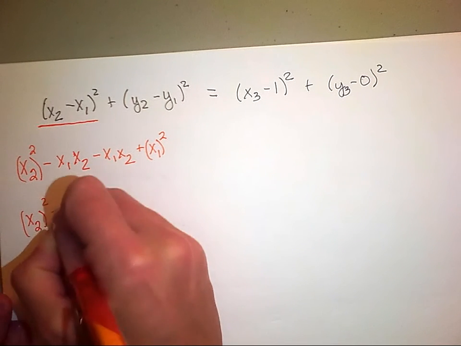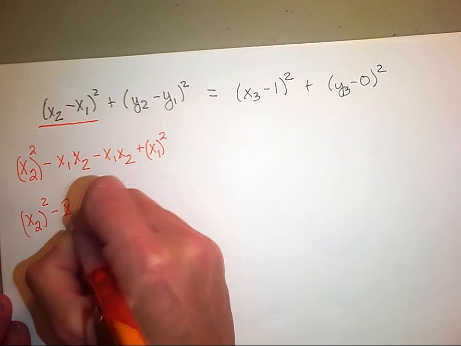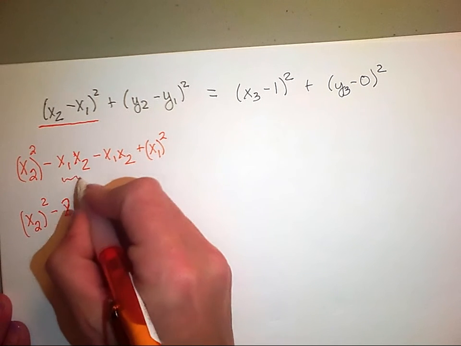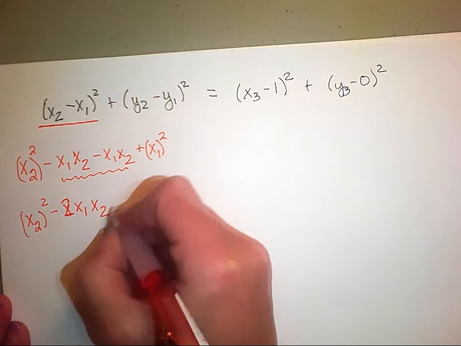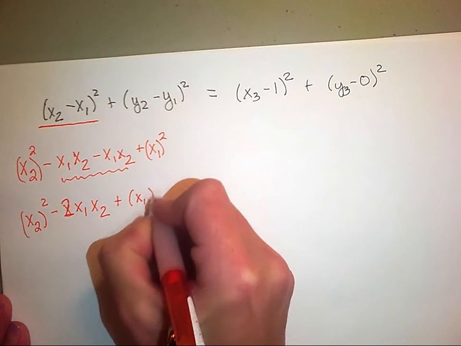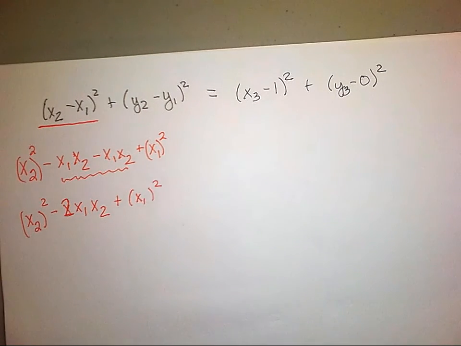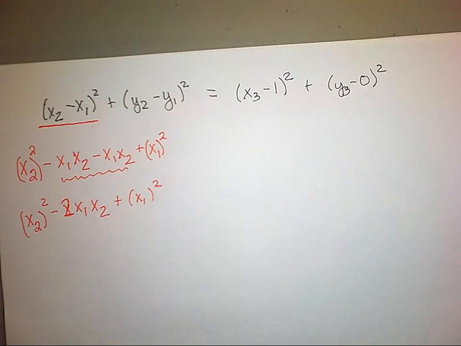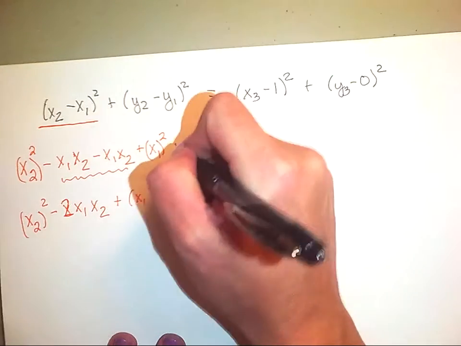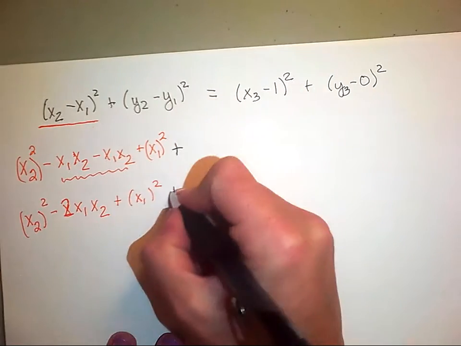x sub 2 squared minus, this would be minus 2x1 x2, since these are like terms, plus x1 squared. So I've just expanded this and simplified. Now let's add, because from here we're adding.